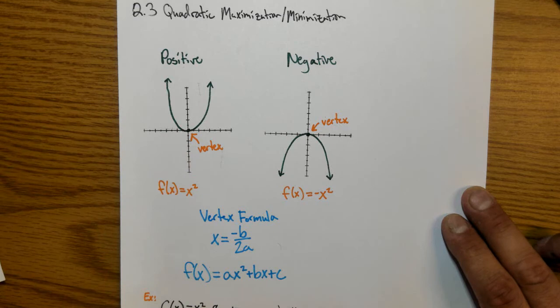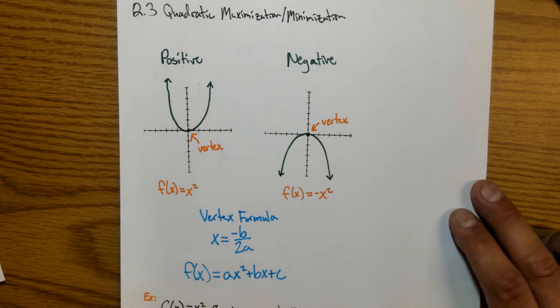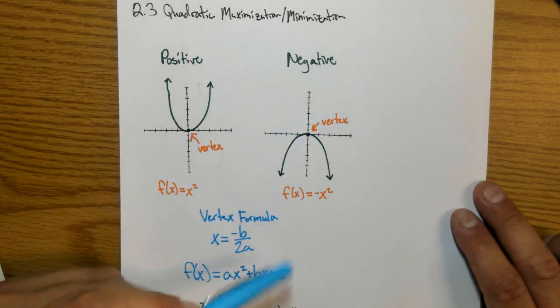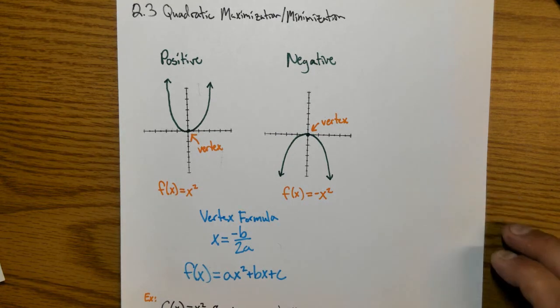Now, if you're talking about profit, you'll want to meet right in the middle, where it's the highest point, because you're trying to maximize your profit and minimize the cost of production.